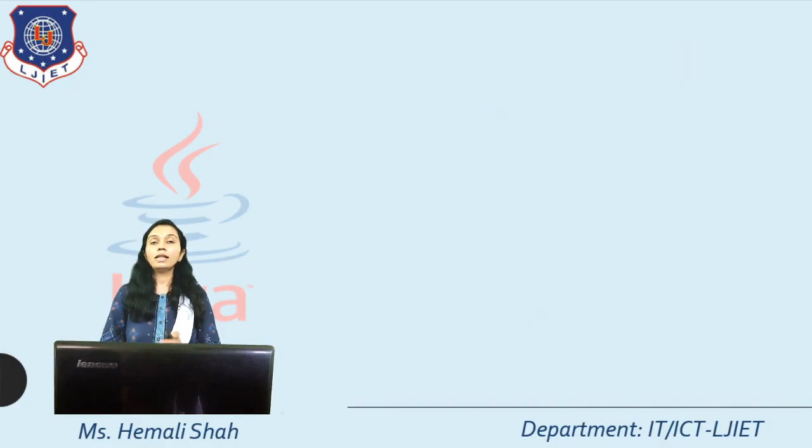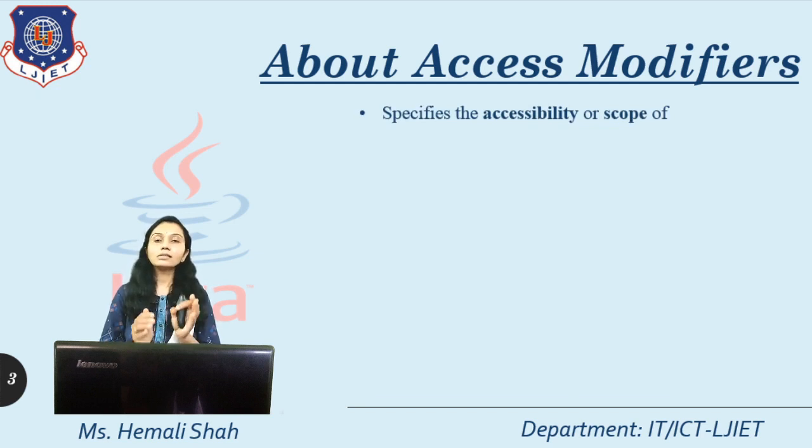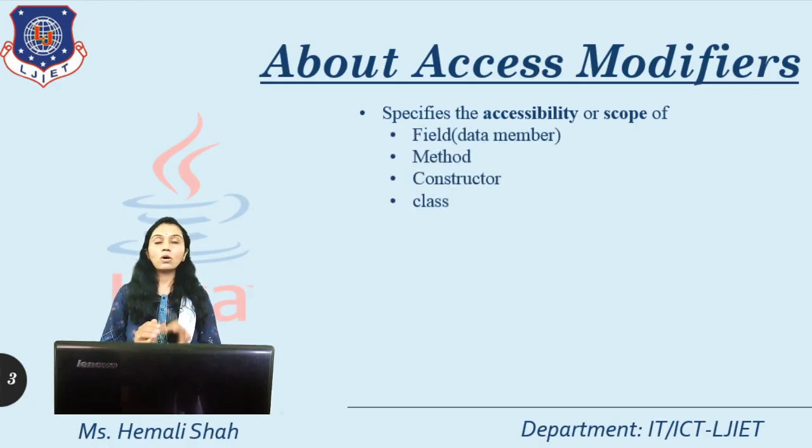Right? Now let's talk more about these access modifiers. What are access modifiers and what is their use? Access modifiers basically specify the accessibility or scope of the data members, or we can say the class fields, methods, constructors and class.